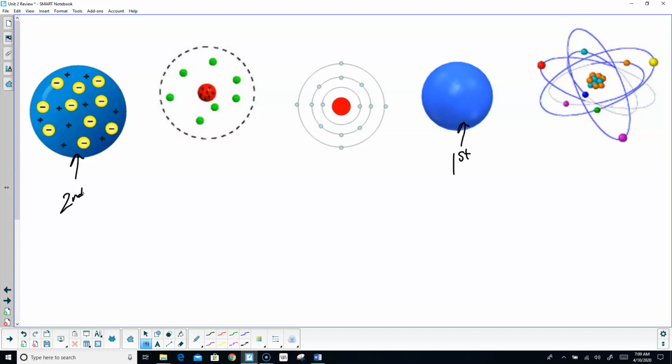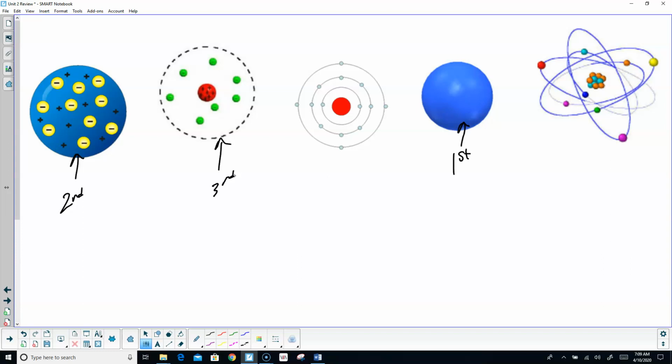The next model is going to be this one. Okay. And so this is going to be the Rutherford model, or the one that he used coming up with this thing called the gold foil experiment. So what Rutherford noticed was that there was also a positive part of the atom. Okay, he was using an experiment where he had a sheet of gold foil, some thin gold foil, and he was shooting these positively charged alpha particles at it.